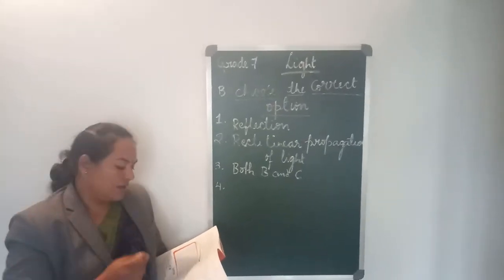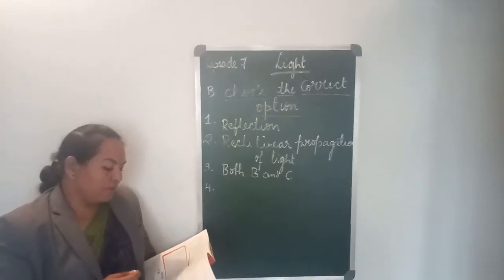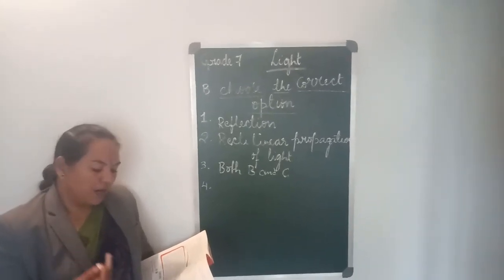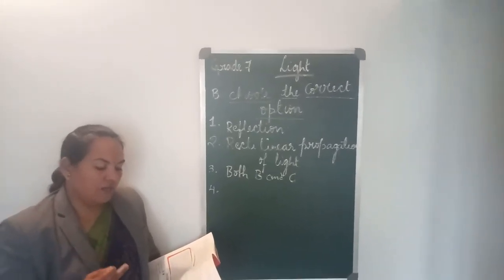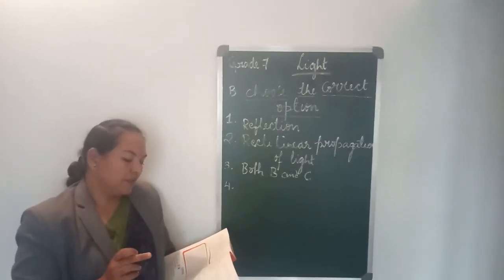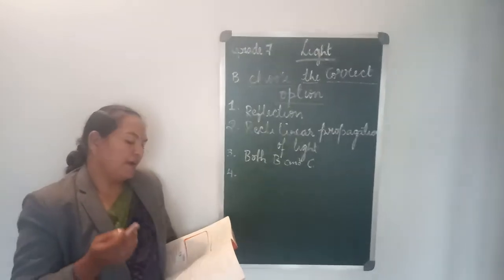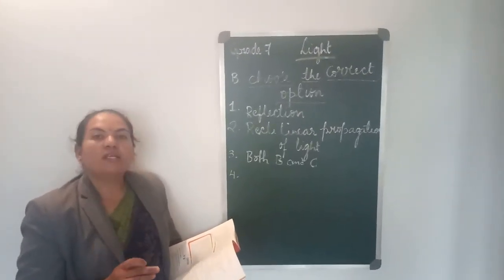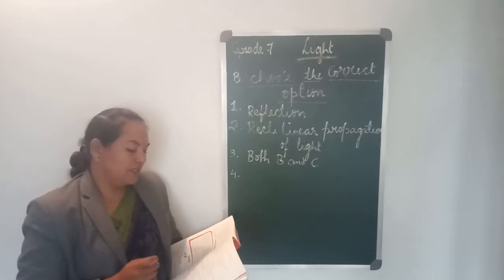Just recall. I'll just read out the options before answering. Real, upright image. Second one, real, inverted image. Third one, virtual, upright image. And the fourth one, virtual, inverted image.